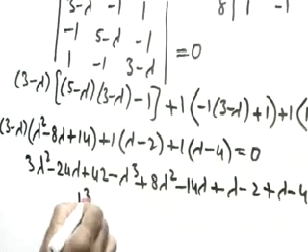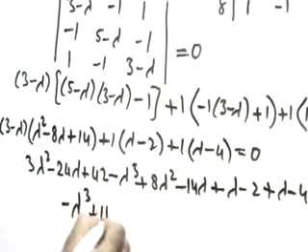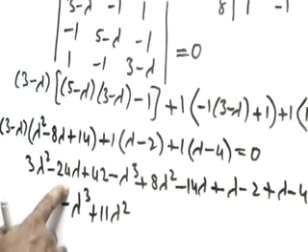Now the first term is minus lambda cube. Now the square terms: 8 plus 3 is 11, so 11 lambda square.